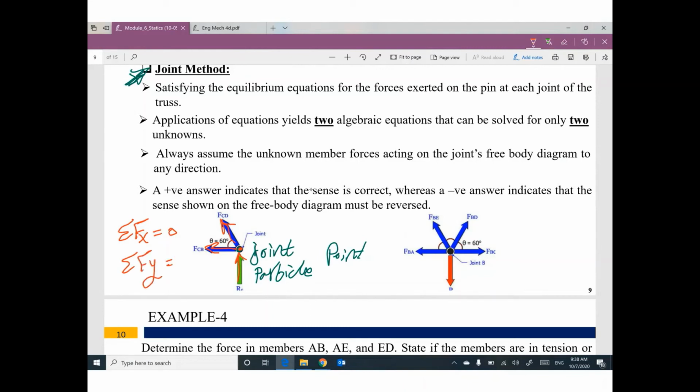That's it. If you have a joint with many forces, I don't care how many forces you have. My concern is this joint is in equilibrium. So summation of all x components equals 0, summation of all y components equals 0.